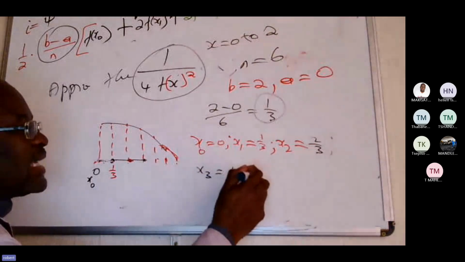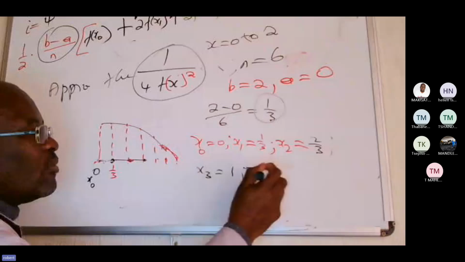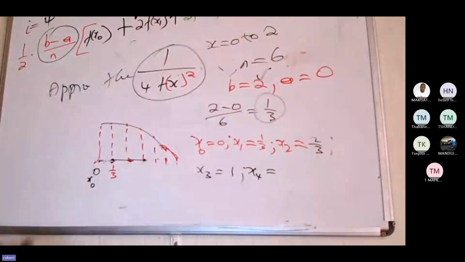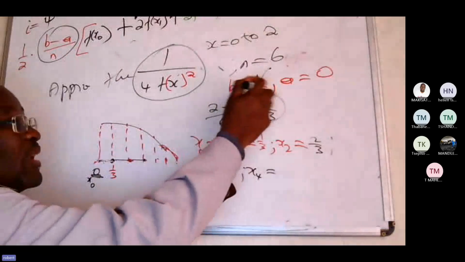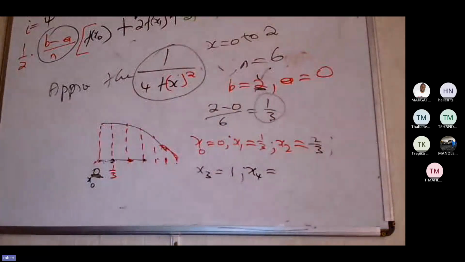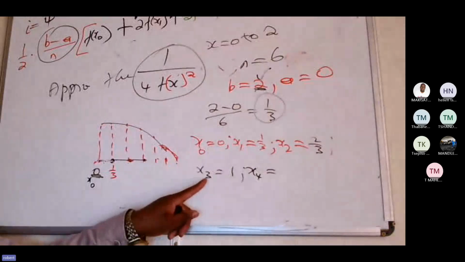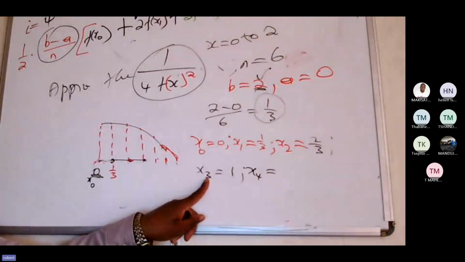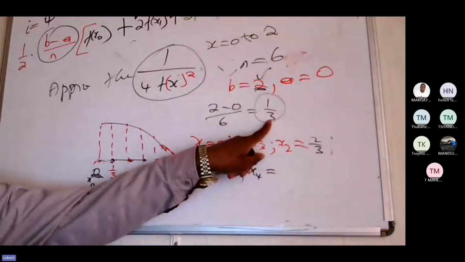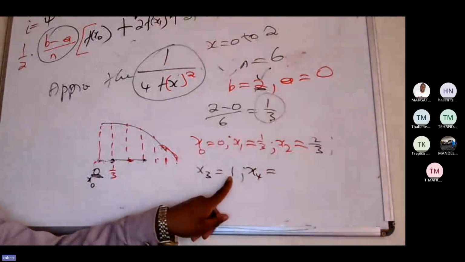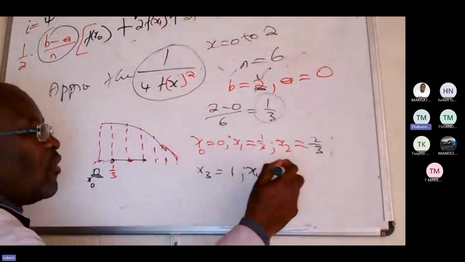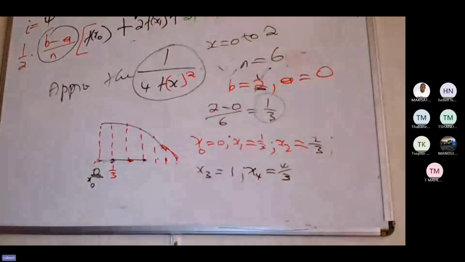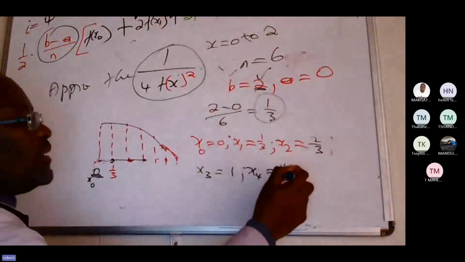Then, what is x4? Remember, the last x must be 2. The first x is this, and the last x is this one. So x4 will be x3 plus this distance: 1 plus 1 over 3, which is 4 over 3. And what about x5?